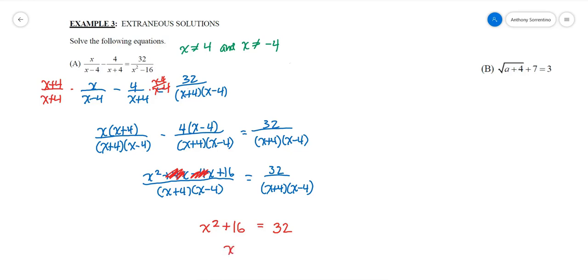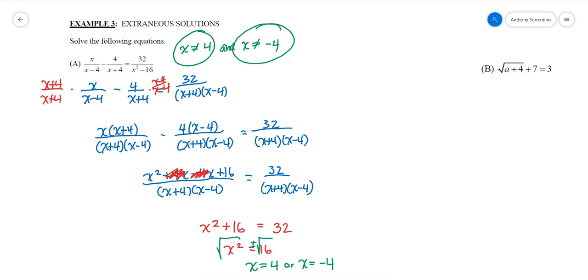And so x squared is going to be 16 when I subtract 16 from both sides. And when I square root both sides, remember the plus or minus here, I get that x equals 4 or x equals negative 4, which unfortunately are the two conditions I said I can't have happen. Those cannot be the case.